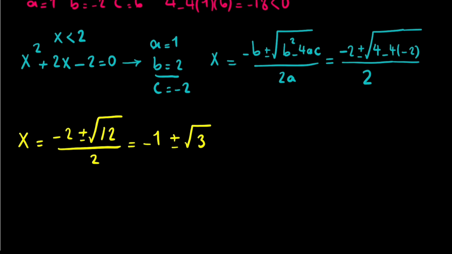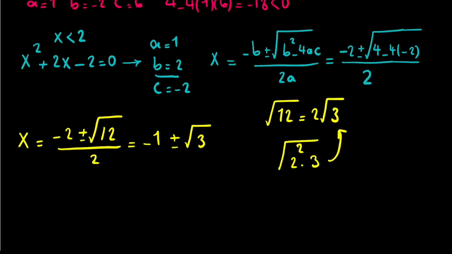Because you know that the square root of 12 will be equal to 2 times the square root of 3. How can you prove it? For 12 we can write 2 squared times 3. So you can write it as 2 times the square root of 3.